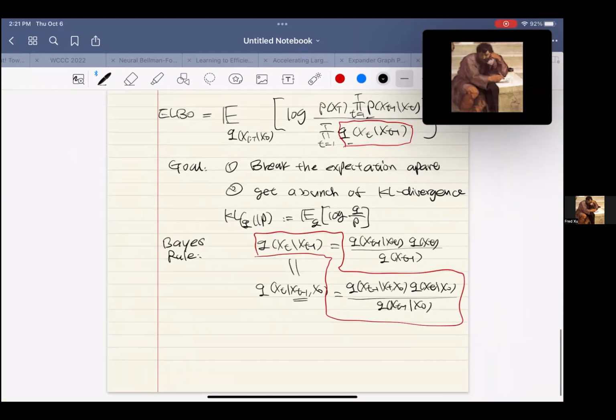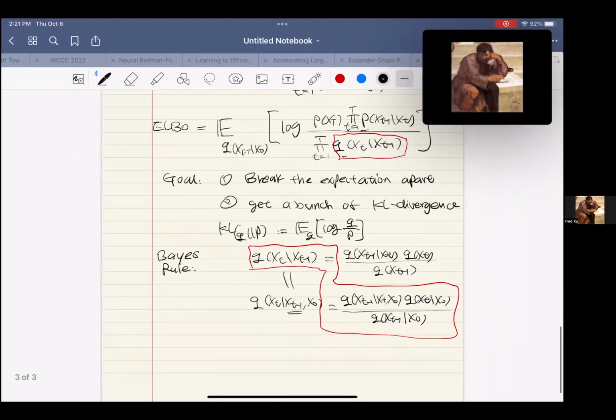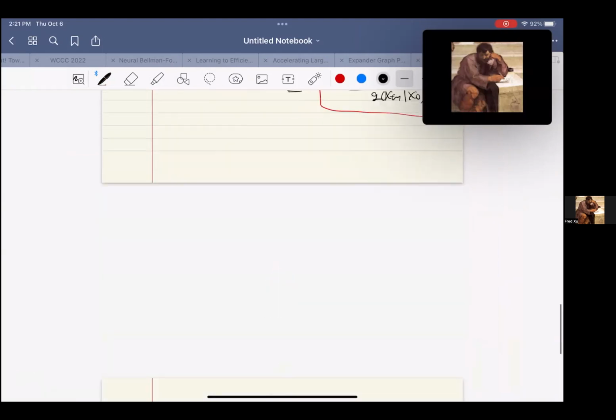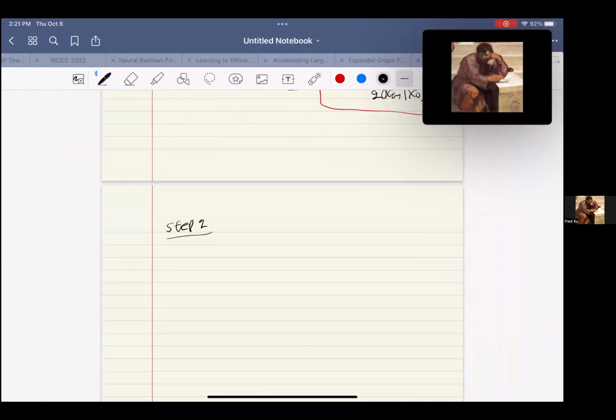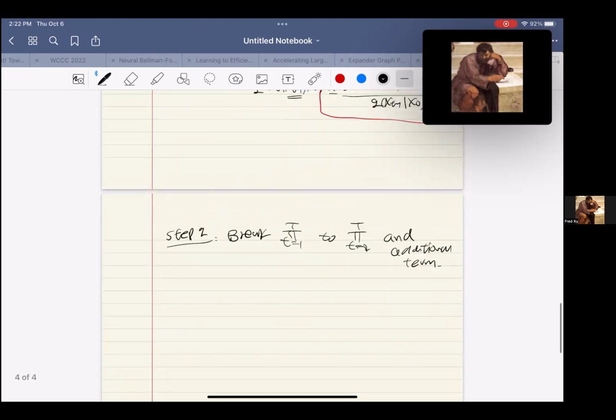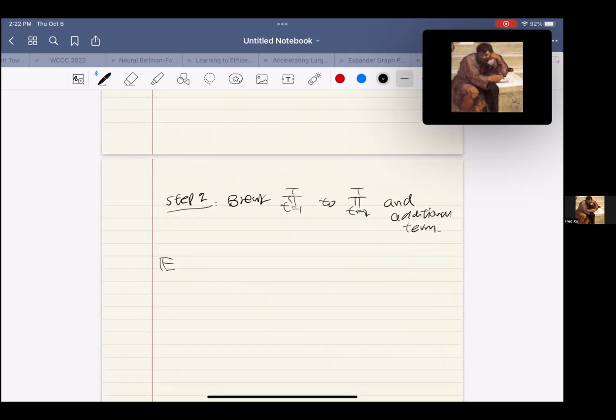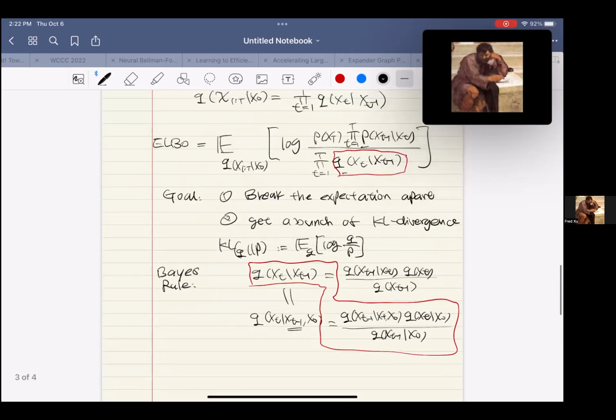So let's take a look at the ELBO again. Step 1, we're going to break the product terms from t to big T, and then the additional term. So that means we write the ELBO, for now abbreviated with Q, and we don't change the top first.